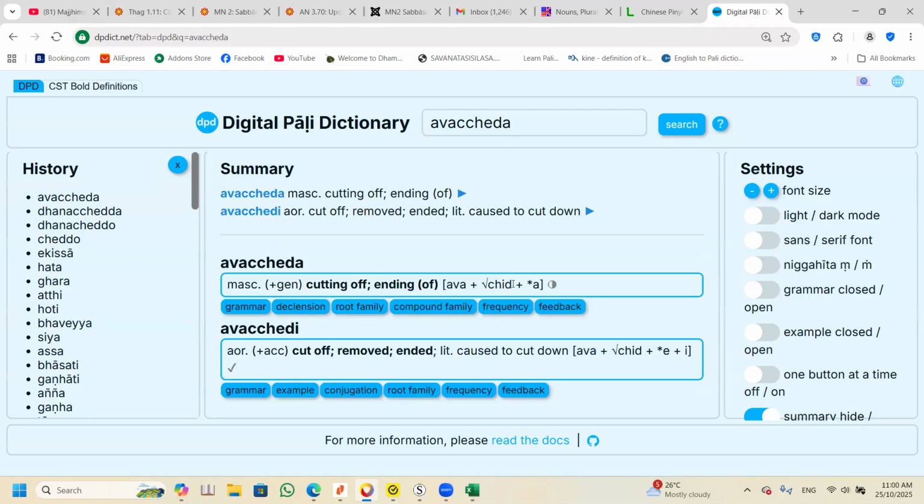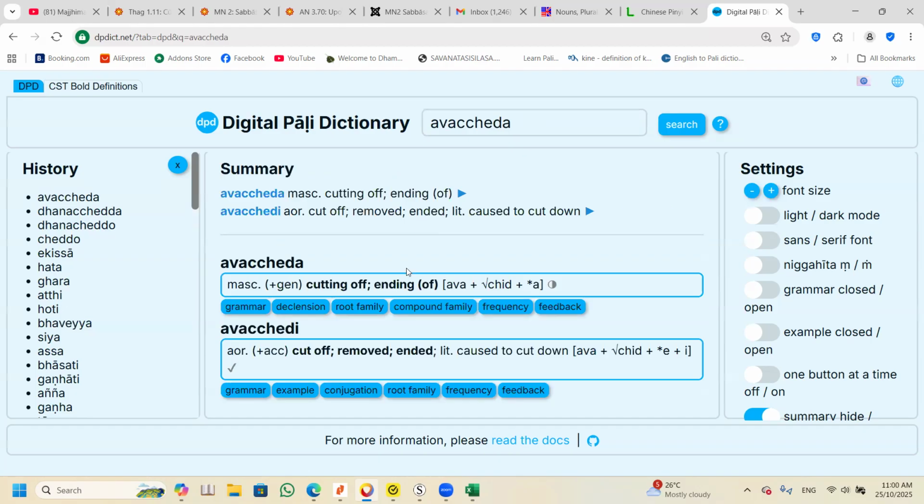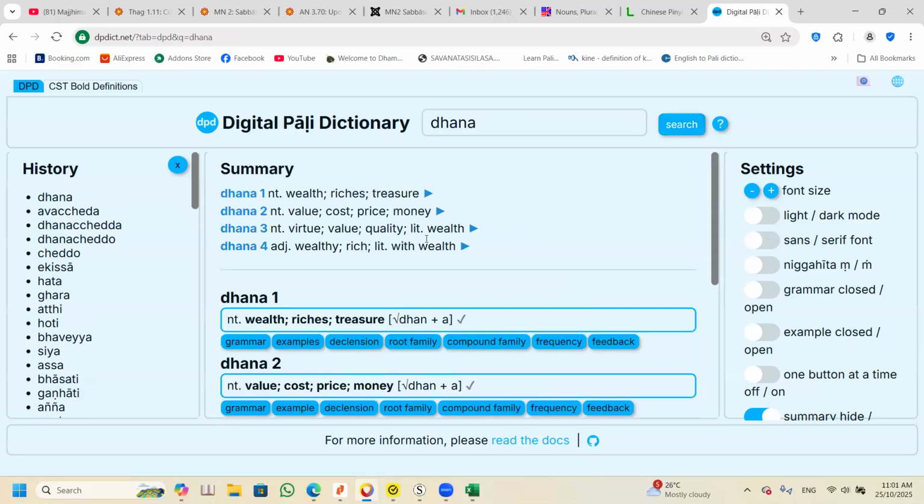Cheat is cut off or remove, or ended. In this case, this dictionary cannot give you all the meaning all the time. You have to figure out the meaning by taking the similar one. So Dana is talking about the wealth, the richness.